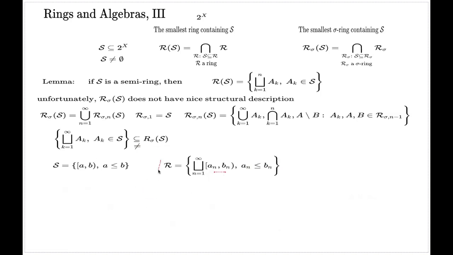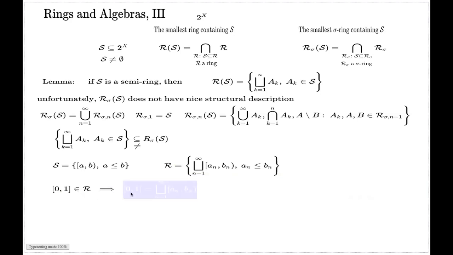I will show that this is not a ring. I'm going to do it like so. Imagine for a second that the closed interval [0, 1] belongs to this set. I want to show this cannot happen.